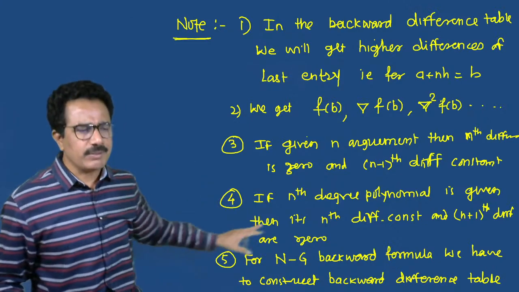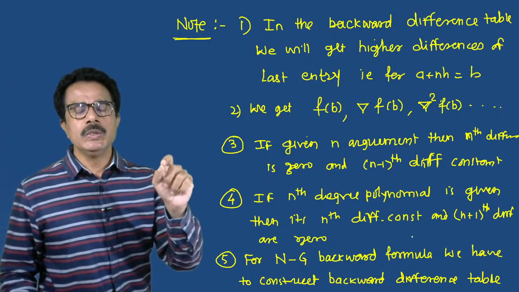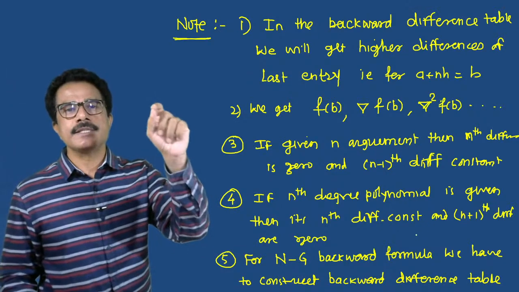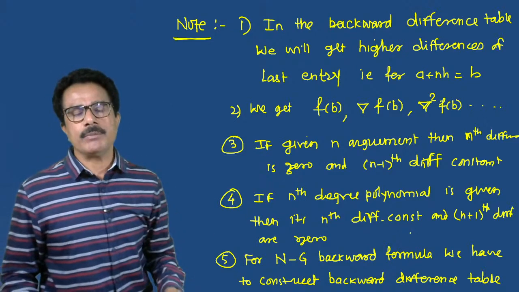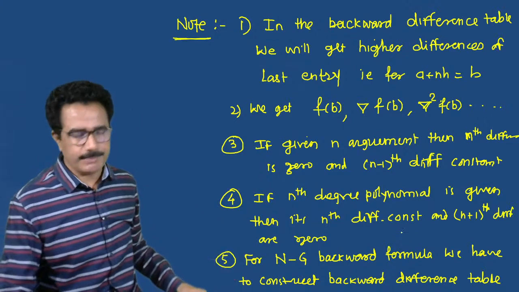Note that, this is the most important note. If you want to use Newton's backward interpolation formula, then you have to construct the backward difference table.